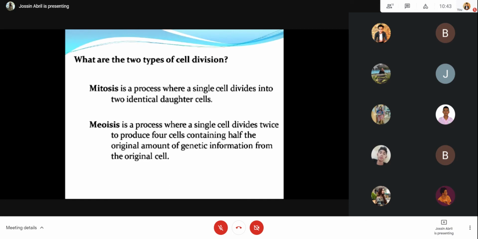Mitosis is a process where a single cell divides into two identical daughter cells. This is used by our somatic cells in our body. While meiosis is a process where a single cell divides twice to produce four cells containing half the original amount of genetic information from the original cell.